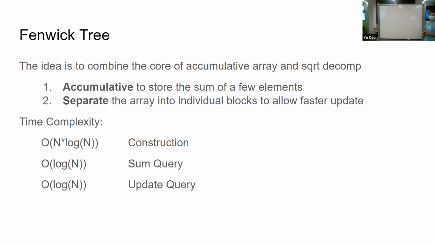For the Fenwick tree, you have a complexity of O(n log n), so the construction phase is pretty high. But the good thing is that after you construct it, each time you update things, it will only take O(log n), and so does the range sum query. That's the trade-off: it will take more time for construction, but it will be much easier later on to do query things.